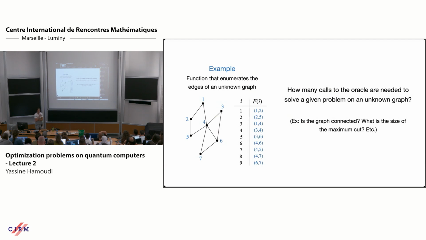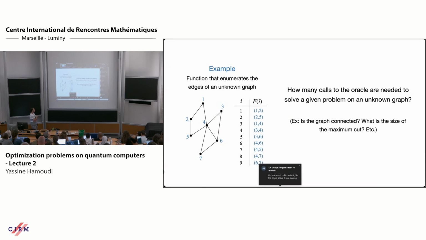So let's start with a few simple examples just to digest this model. Here is an example of a problem that could be phrased as an oracle problem. Your goal is to compute some property about an input graph. Yesterday we talked about max cut, for instance. You could define the function f representing the input as being the list of all the edges of the graph.